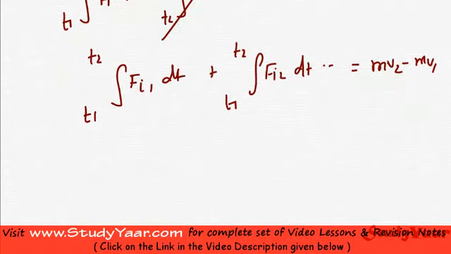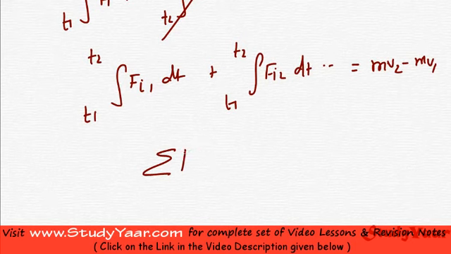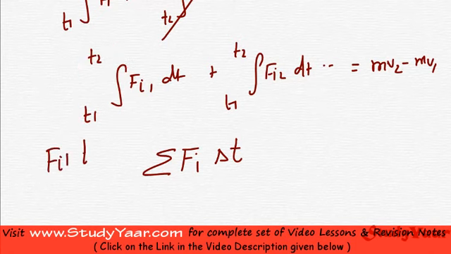And if these impulsive forces are constant during this interval, then what you would have is sigma Fi delta t, where delta t is t2 minus t1. Since this is constant, you are going to get Fi1 into t2 minus t1, which is your delta t.